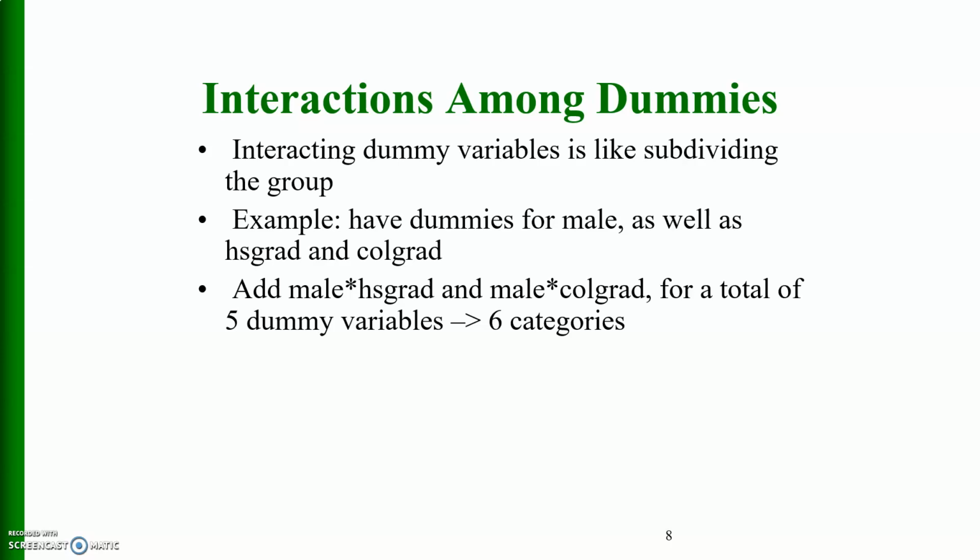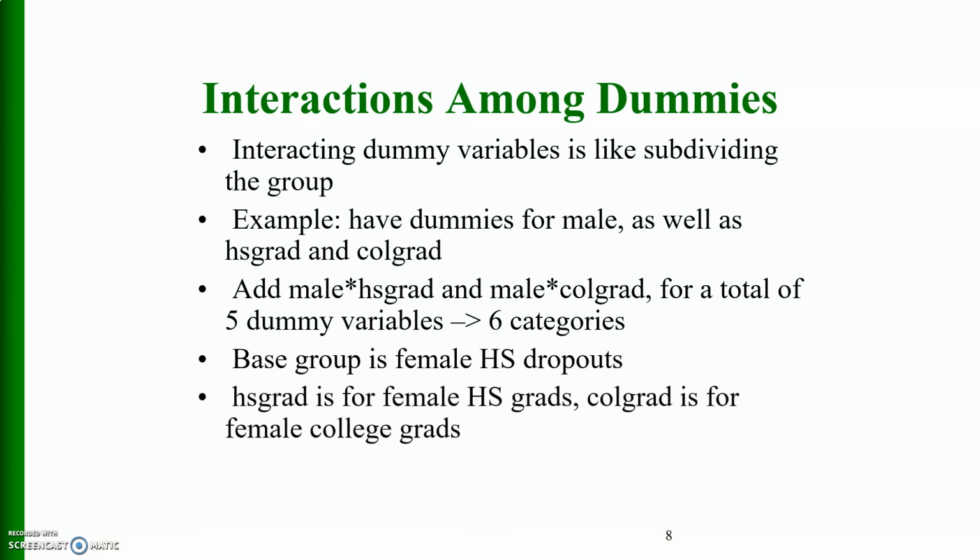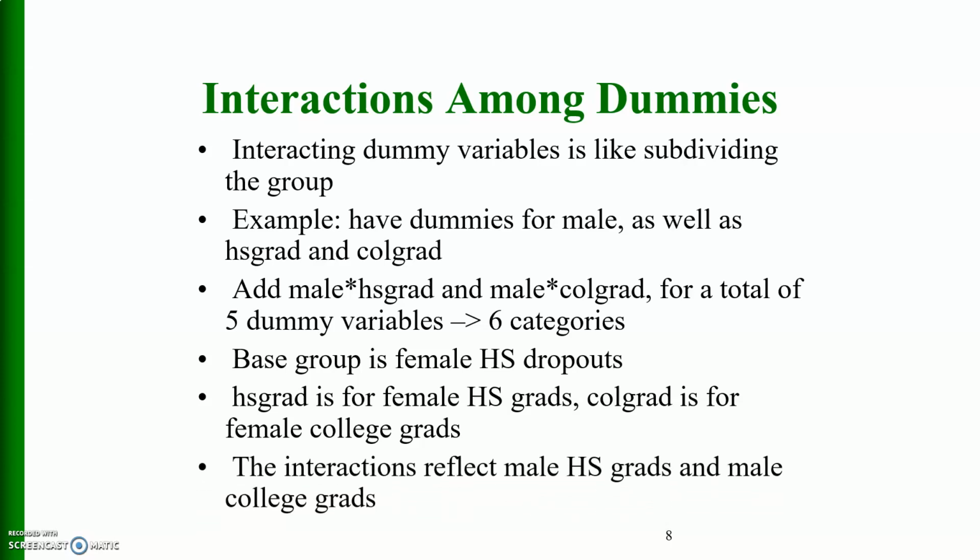So there are 6 categories, and we will use 5 dummy variables. And the base case would be female high school dropouts. High school grad is for female high school grads. College grad is for female college grads. The interaction reflects male high school grads and male college graduates.